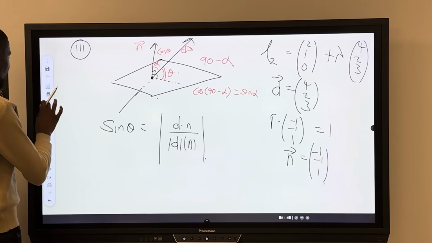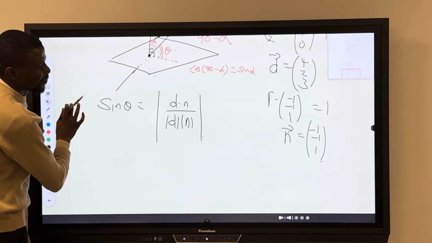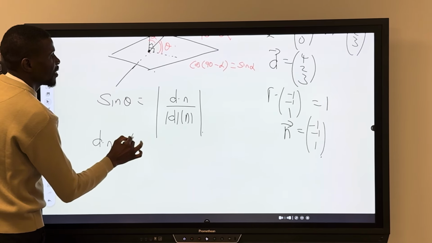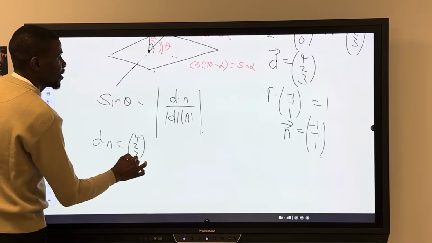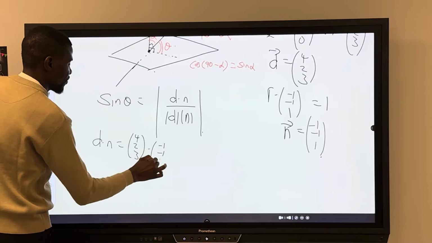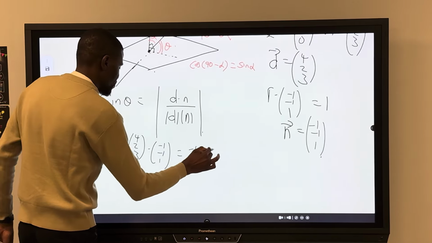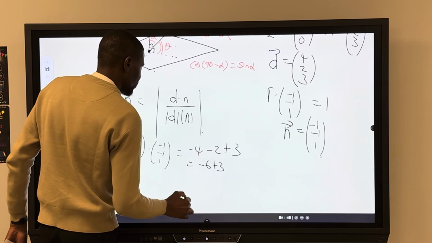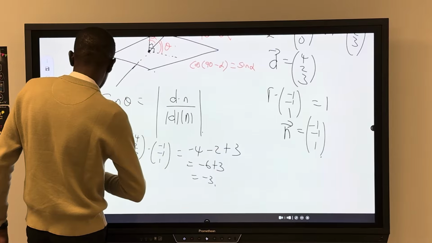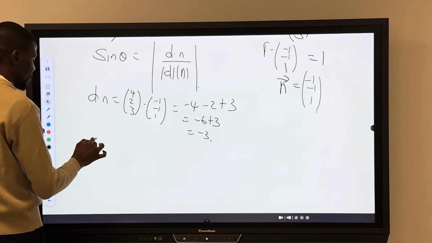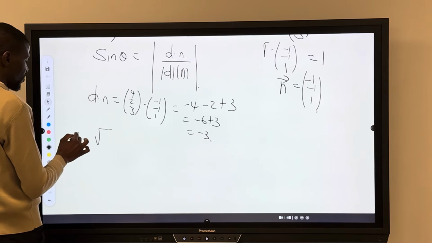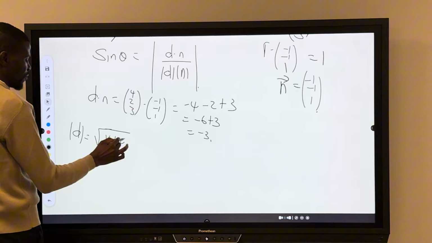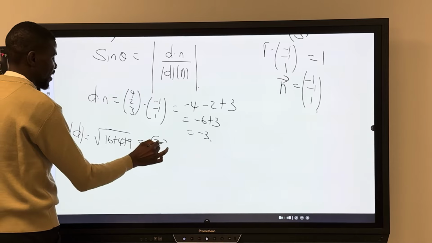So now on the side, let's find d dot n. It's (4, 2, 3) dot (-1, -1, 1), which is minus 4 minus 2 plus 3, which is minus 6 plus 3, which is negative 3, right? Then we have the modulus of d, which is 16 plus 4 plus 9, which is root of 29.